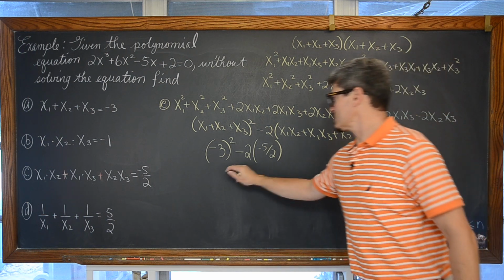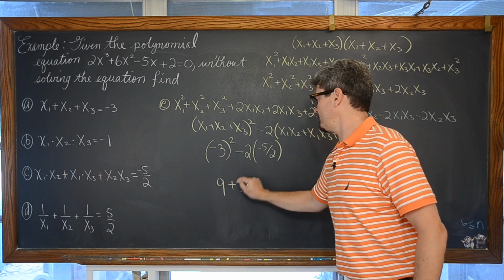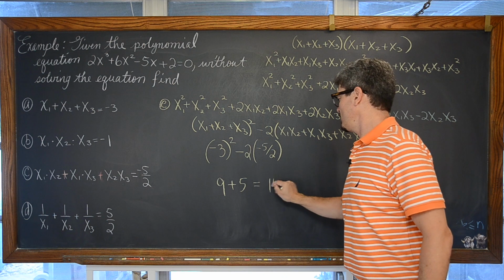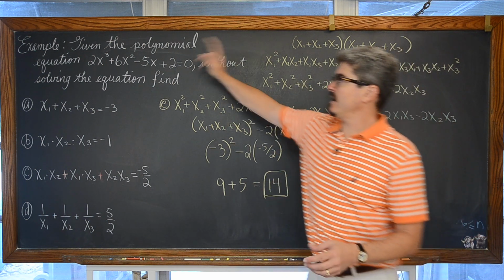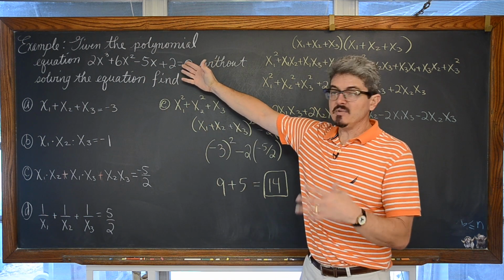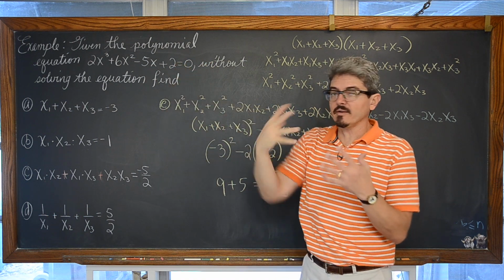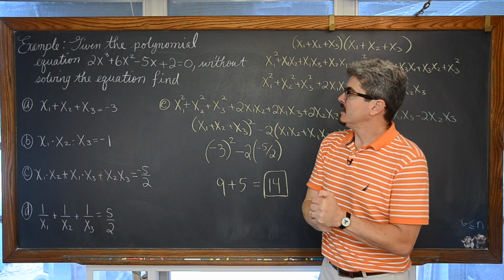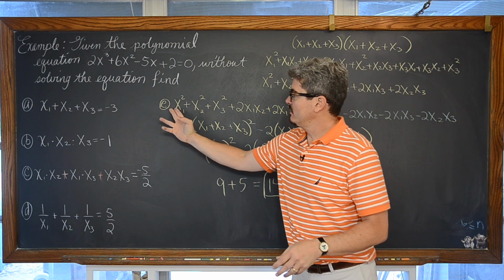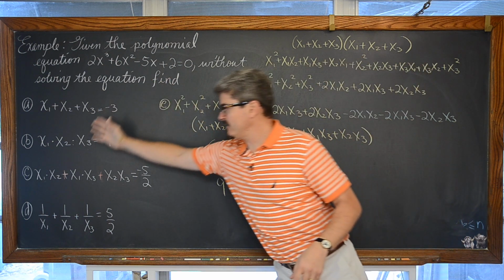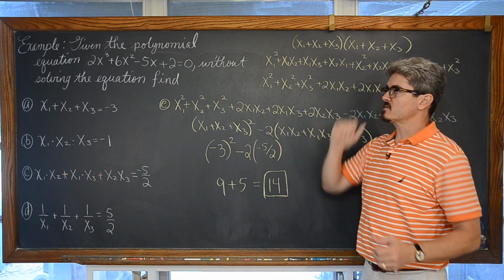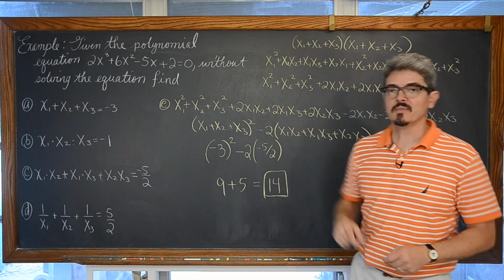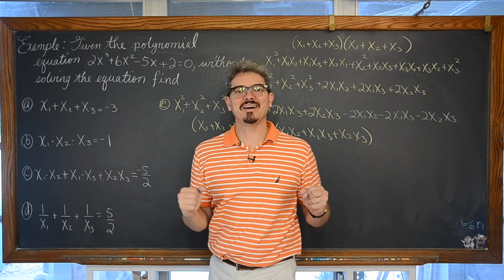And so our final answer is going to be 9 plus 5, which is equal to 14. So that is really cool. I have a higher order polynomial that may be a bit of a challenge or take a little bit of time to solve, and was able to figure out all of the values of these expressions without ever actually solving that higher order polynomial. Got a couple more examples coming up right now.